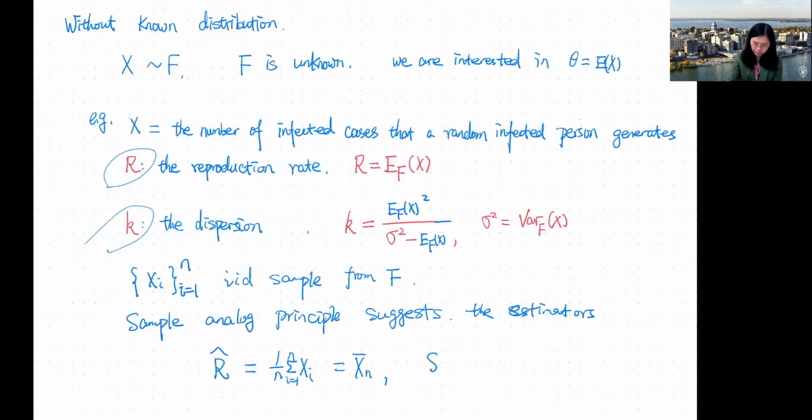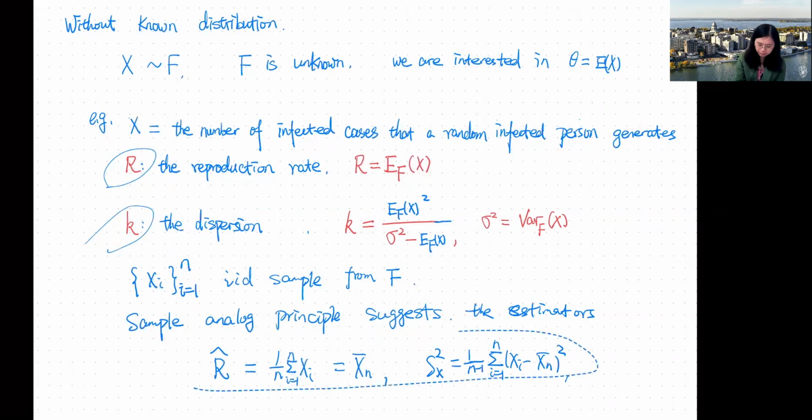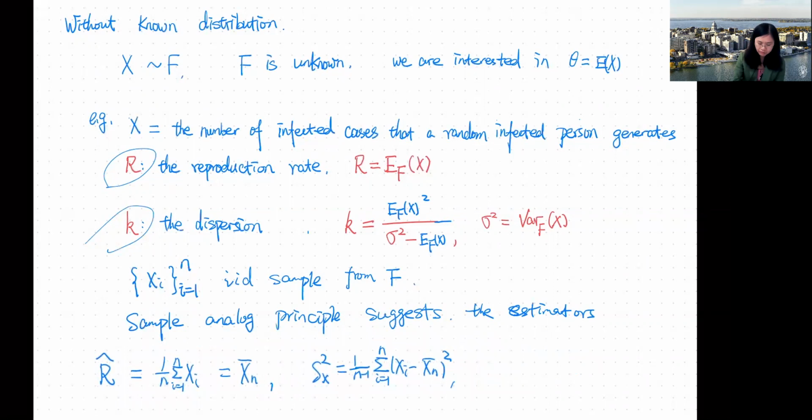So that suggests that Sx squared can be used to estimate the variance. That's Sx squared, which is 1 over n minus 1 times the sum of Xi minus Xn bar, squared. So this is an estimator for R, the expected value of X, and this is an estimator for sigma squared.